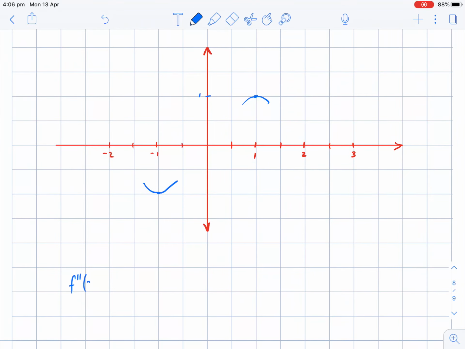We know that the second derivative is equal to 0 at x equals 0 and positive and negative √3, which is approximately equal to 0, -1.7, and 1.7.